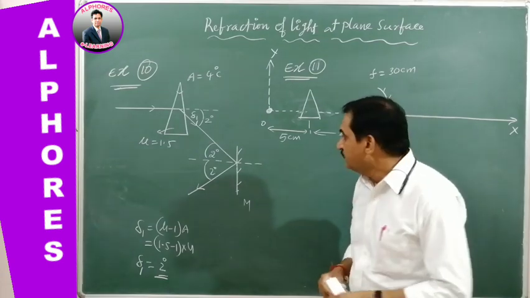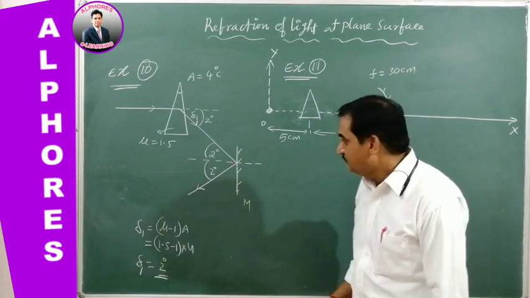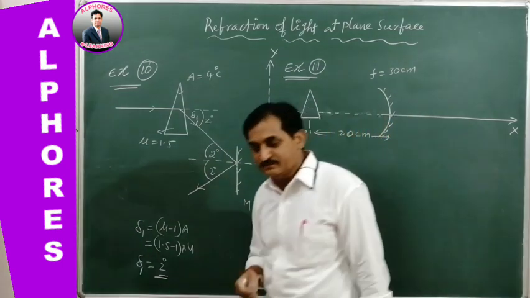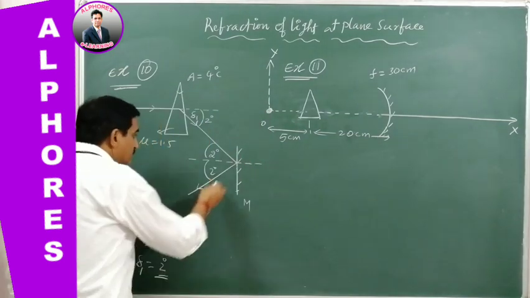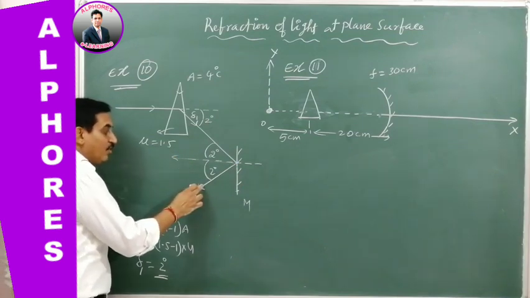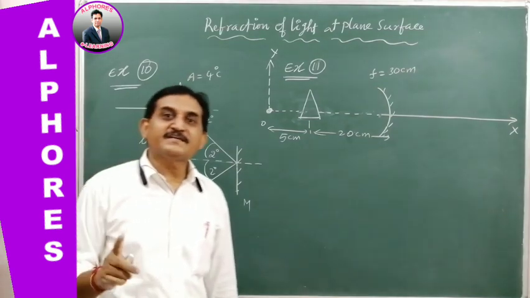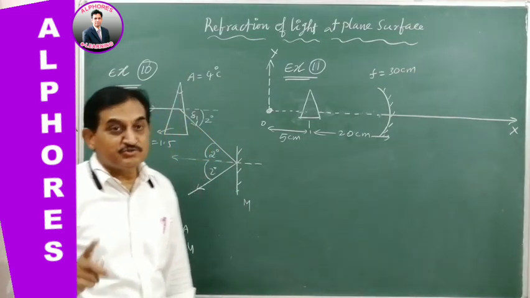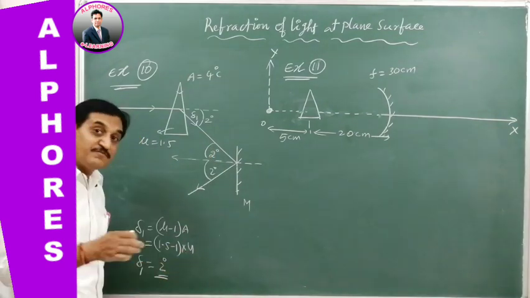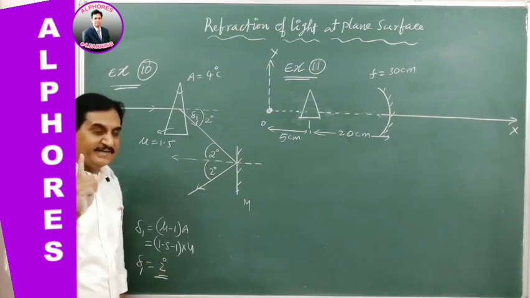Now the question is, in order to make the final reflected ray horizontal, through which angle is the mirror to be rotated? So very simple. So this final reflected ray becomes parallel here. So how much angle is it to be turned? 2 degree. The reflected ray must be turned by 2 degree in the clockwise direction. Therefore, the reflecting surface should be turned in the same direction by how much angle? 1 degree.